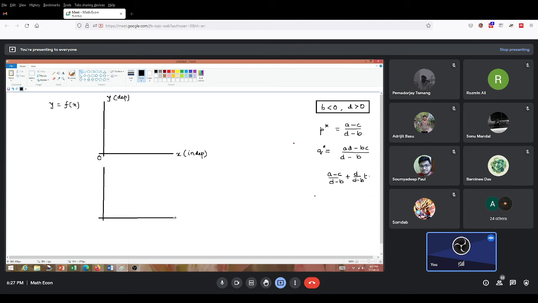Does it answer your question? How have we written the demand function? What does it imply? This is the independent, and this is the dependent.